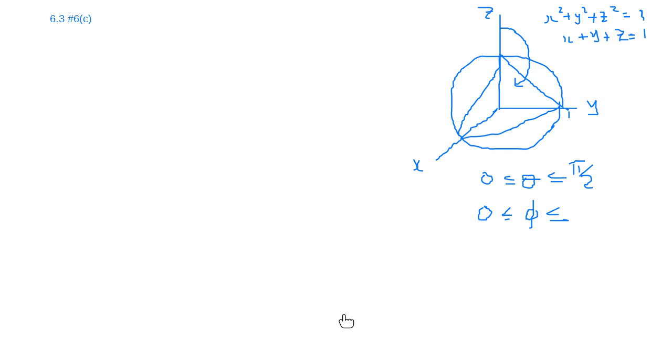Remember, that plane has an angle of 45 degrees with the xy plane.